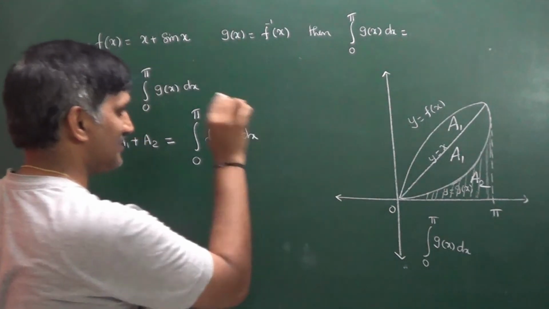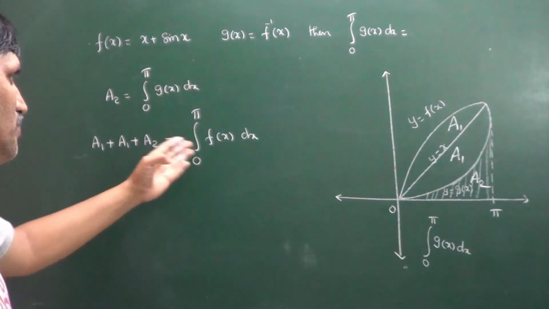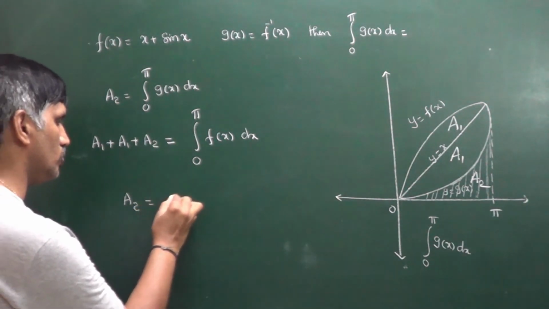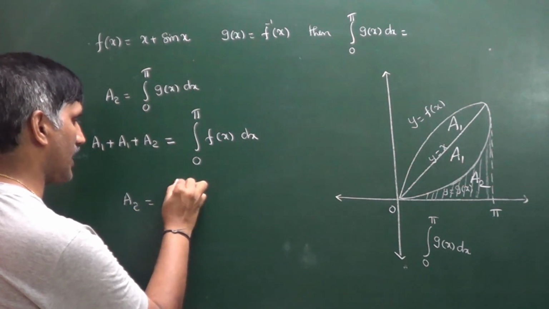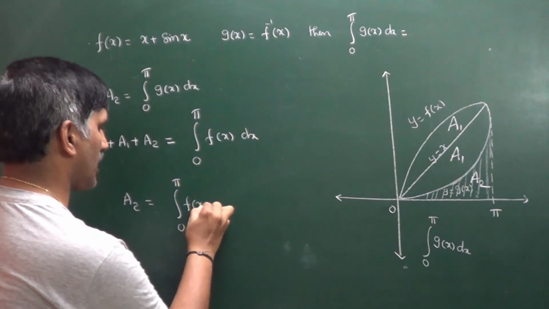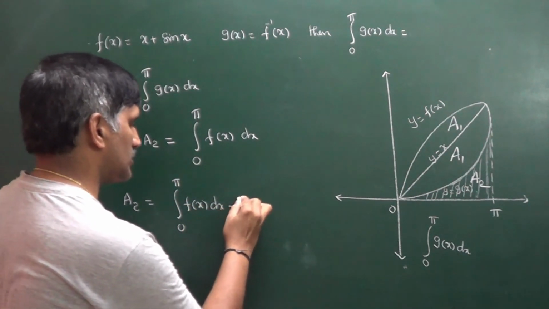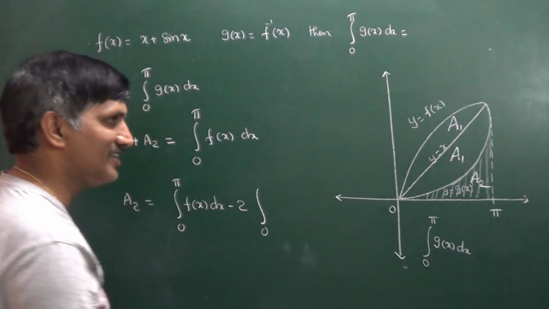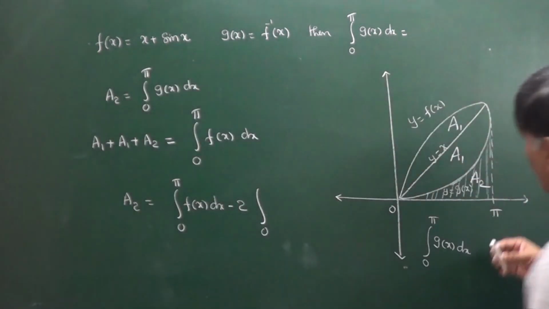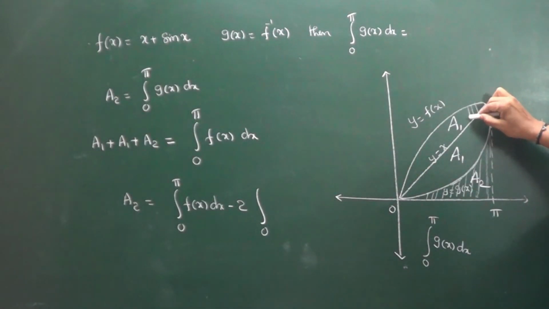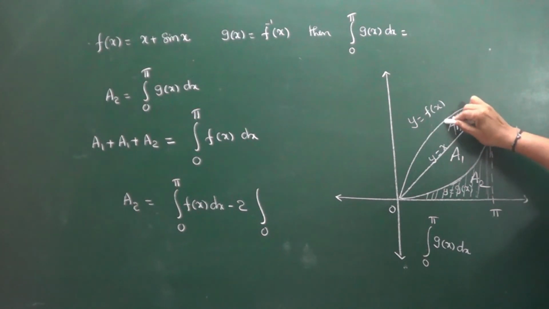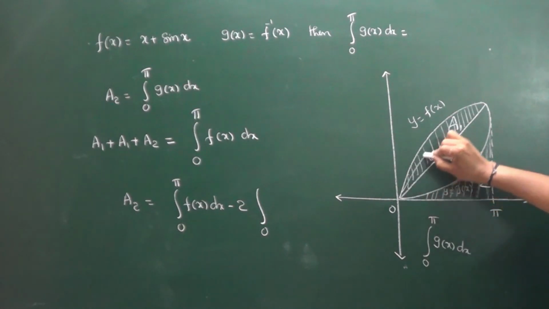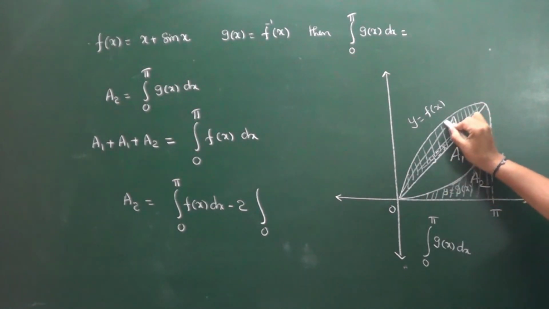Agree or not? But we require A2, which is equal to integral 0 to pi f of x dx minus 2 times A1. Can anyone say what is A1? A1 area means this area I am going to find out, the portion which I am shading now. This is A1.